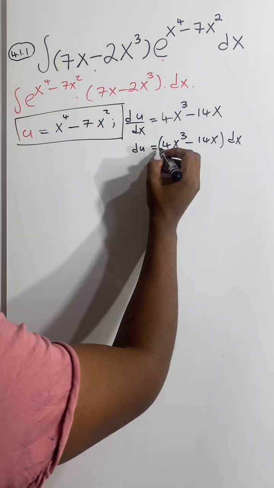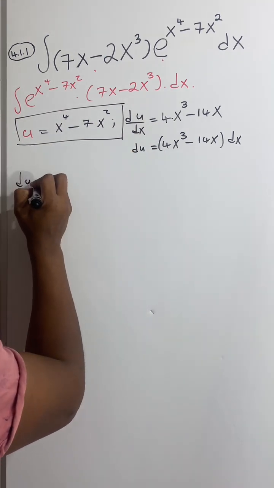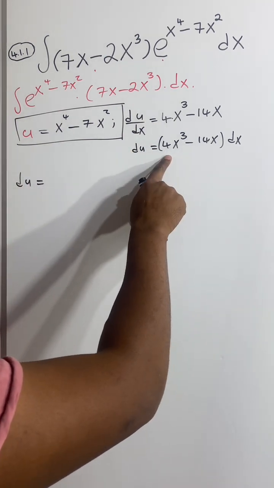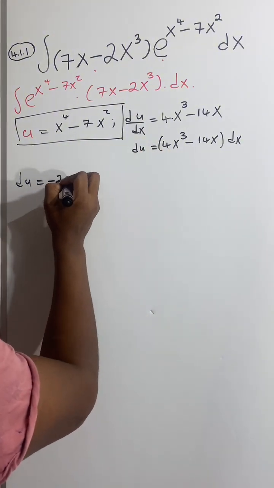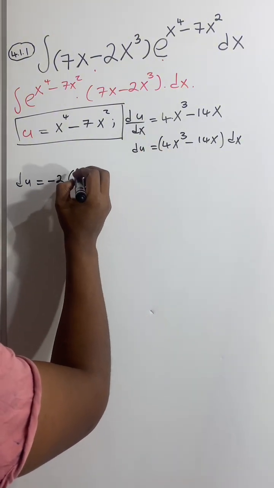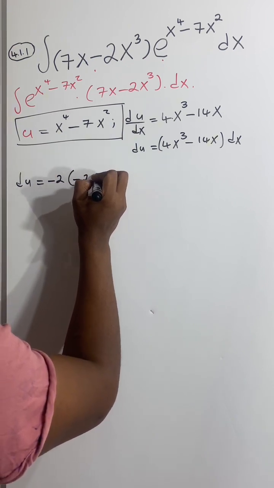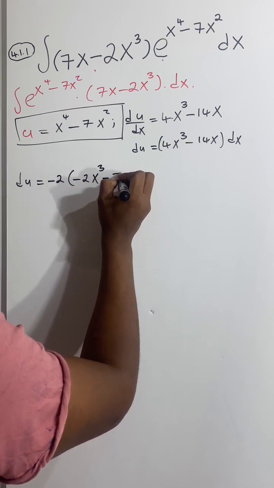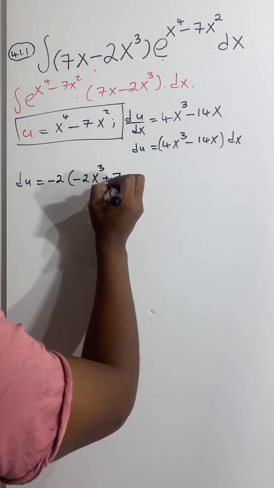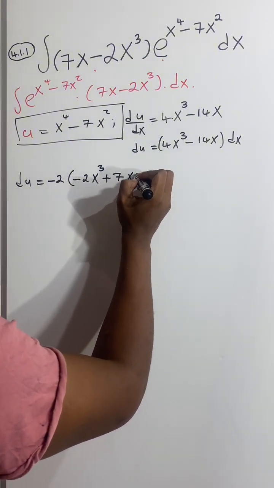So let's try to mirror this based on that. From here, we take negative 2 as our common factor, and we'll be left with negative 2x cubed plus 7x dx, because we are taking negative 2 as our common factor.